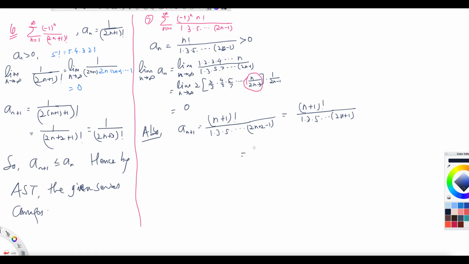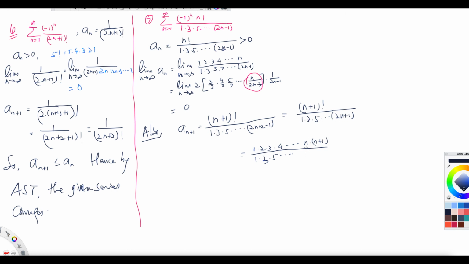Okay, so let us plug in the values of n plus 1 factorial. That is 1, 2, 3, 4 up to n, and then n plus 1, right? Because the factorial of n plus 1 is n plus 1, and then n, n minus 1 and n minus 2, going down to 3, 2, 1. And in the denominator you can write this as 1, 3, 5, and then the term before that, 2n minus 1, and then 2n plus 1, since the difference is 2 in the denominator.